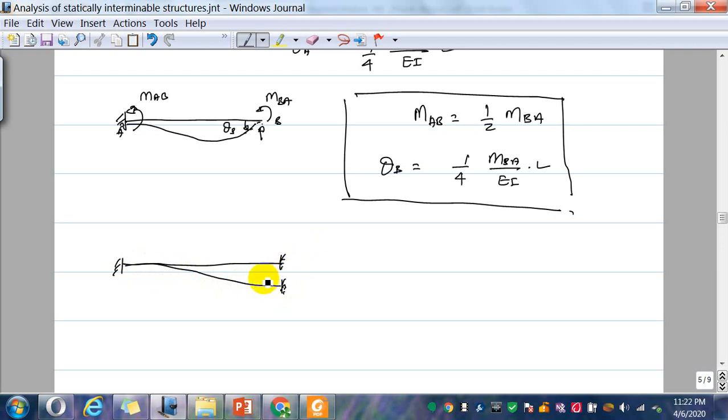Okay, so it settled. Let me draw a dotted line. So now the new position after the settlement would be this. Here the settlement is delta.